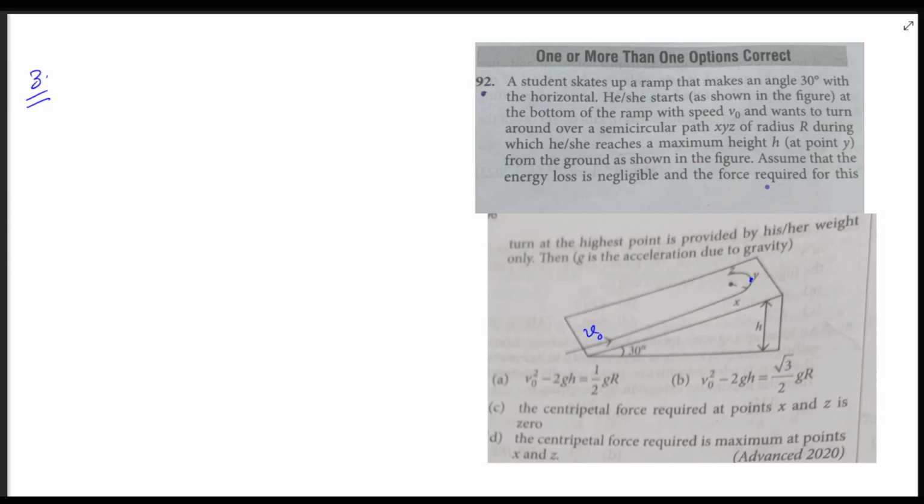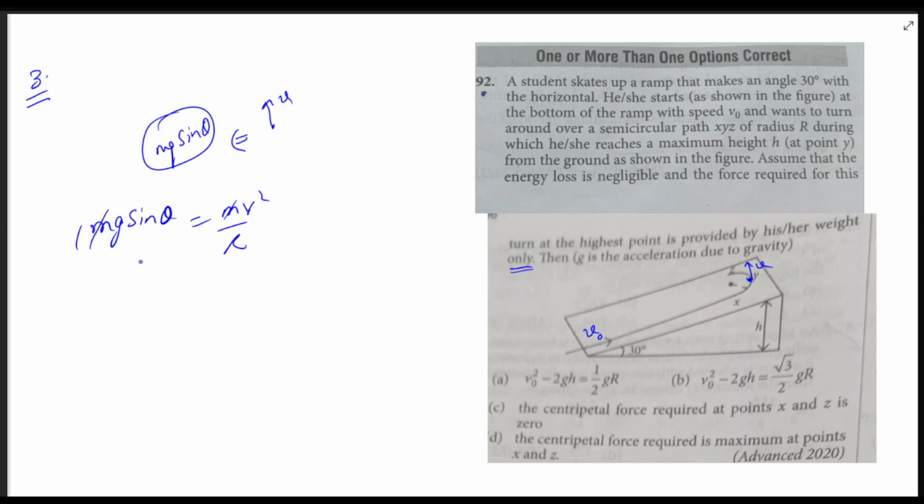Assume that there are no energy losses, and the force required for this turn at the highest point is provided by the weight only. So at this point, let's say it has a speed v, and here the force acting is mg sin theta, which will give the centripetal force. So clearly we have mg sin theta equals mv square by R, right?